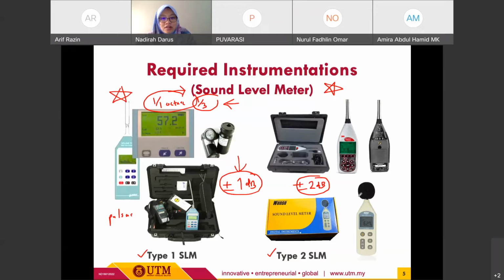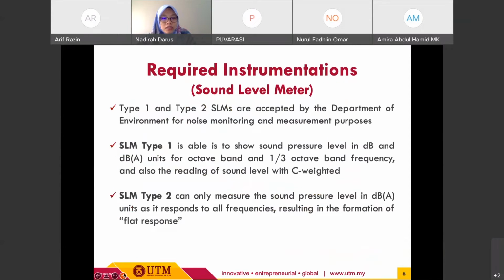Okay, I think that's all for the sound level meter, which is the main instrument for construction noise measurement. And then we have the other instrument. Okay, this is basically the description for the previous yang saya dah mention just now. So both type 1 and type 2 accepted by DOE, Department of Environment, for noise monitoring and measurement purposes.